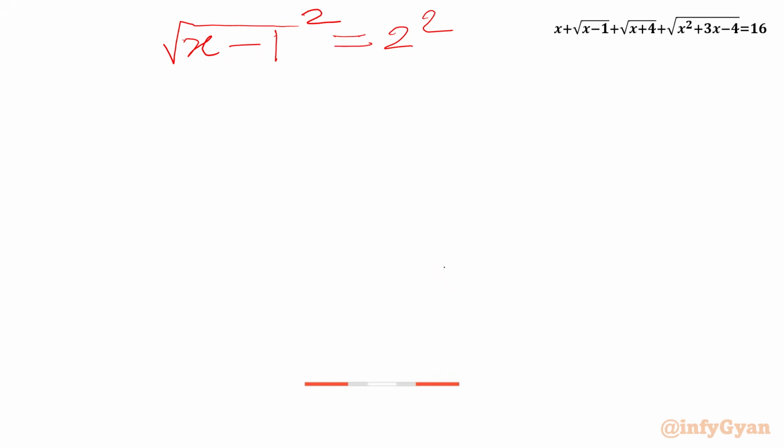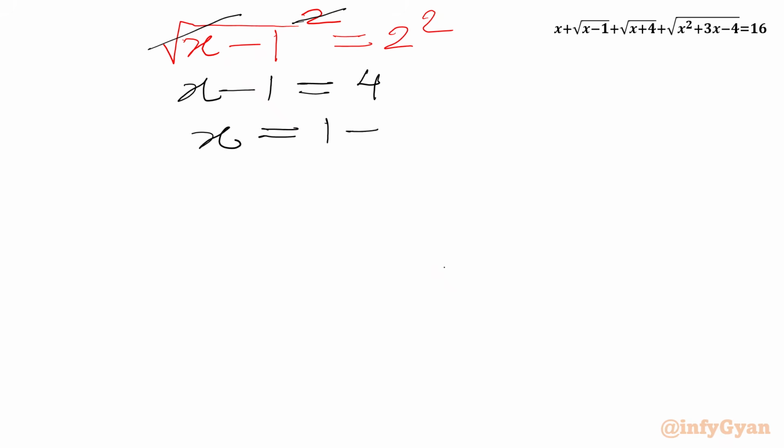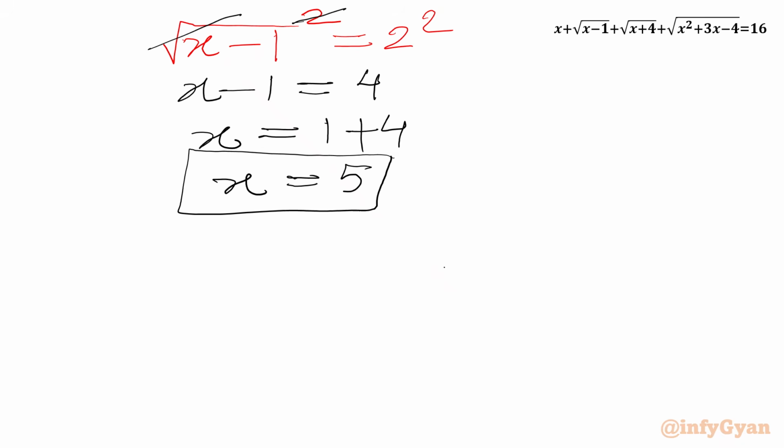Now we can cancel the square root with the square on the left hand side, and we will write x minus 1 equal to 4. By adding 1 to both sides, we will get x equal to 1 plus 4, which will be equal to 5. So x equal to 5 will be the only real solution for our equation.